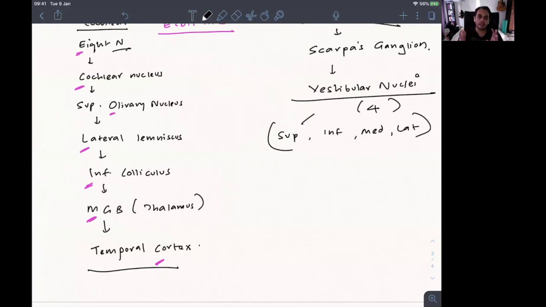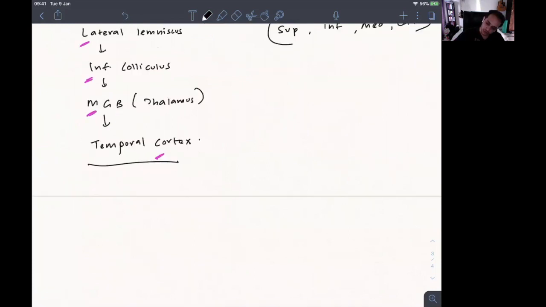There are four of them on either side. The function of these four is to distribute whatever information the vestibule has got to all the places that need it. Supposing this is the brainstem, and now I'm drawing a coronal section. This is the midline.